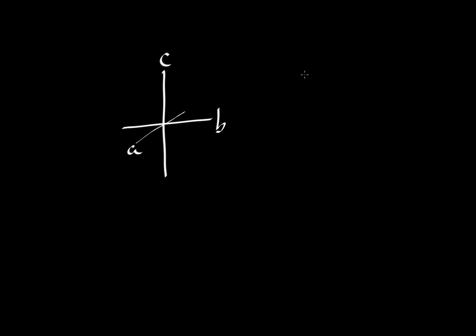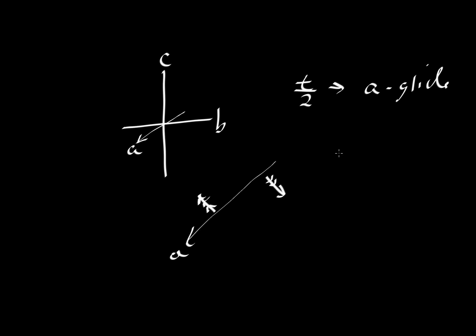If that translation distance t/2 happens in the a direction, so let's say we're moving here, then that would be an a glide. So we can take that a axis, let's blow it up over here. Let's say our tree laying on its side was here. We reflect it and move it over here. So we're moving it along that a direction, and that would be an a glide.